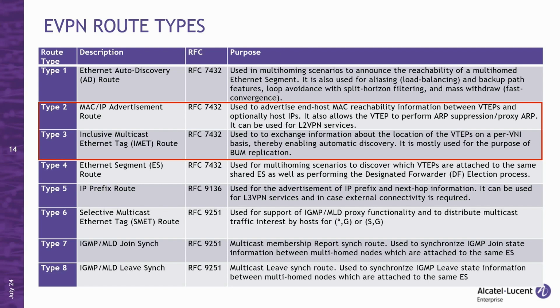It can be used for external communications and to summarize routes such as the default route. It also provides the ability to provide L3 VPN services. The last route types 6, 7, and 8 are used for multicast snooping and multicast optimization. Type 6 is used to distribute multicast traffic join requests, while type 7 and 8 are used to synchronize IGMP join and leave information between multi-homed peers.